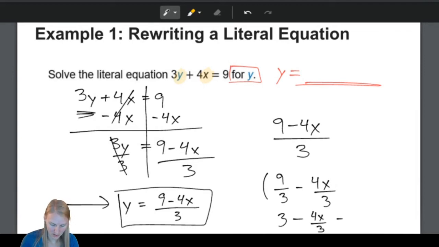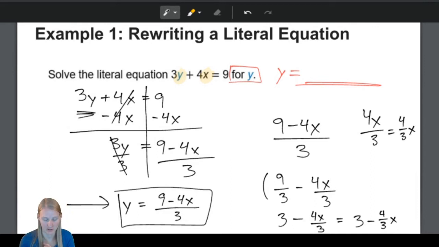You can also write this as 3 minus 4 thirds times x. It's the same thing. 4x over 3 is the exact same thing as 4/3 times x. You're just writing it a little bit differently.